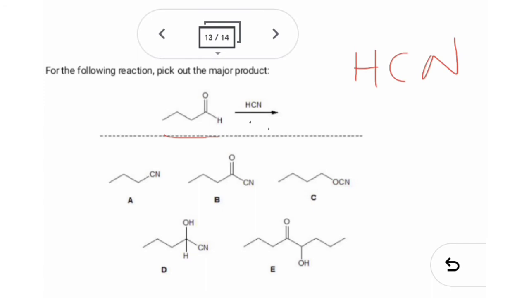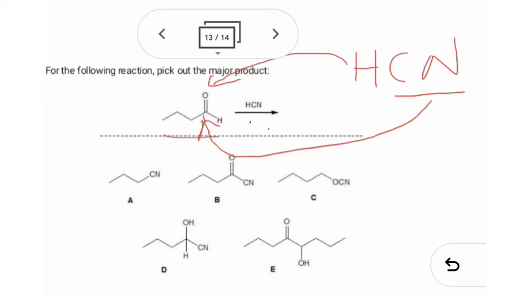So basically, when you perform this reaction, this hydrogen cyanide is going to be added to the carbonyl group. So this hydrogen atom is going to add itself to the oxygen, and the double bond between this oxygen and the carbonyl carbon is going to break. So there'll be a single bond here. Hydrogen is going to add itself to this oxygen, then this CN part is going to add itself to this carbonyl carbon.